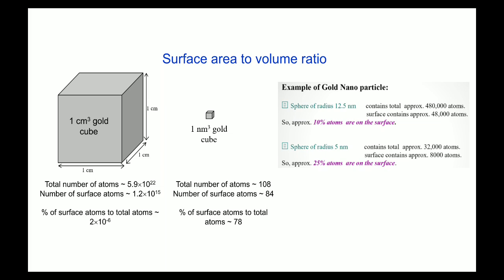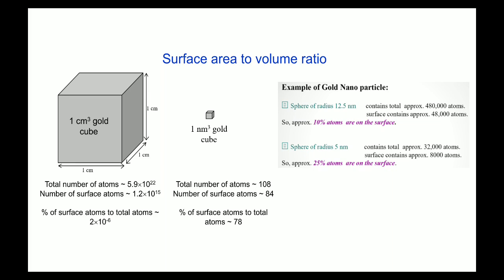If we calculate the percentage, 10% of atoms are available on the surface. But if we reduce the size of the same gold nanoparticle to 5 nanometer, then 25% of atoms are present on the surface.